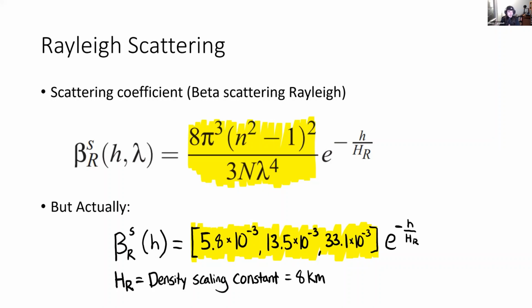It's not uniformly dense, and this is just scaling it so that it fits within how the air actually works in the atmosphere. You can basically just treat it as a constant in this case. And you'll see that this changed the function to be just a function of height. So that's very useful. We don't have to put the light in because we're dealing with just constant light on the computer.